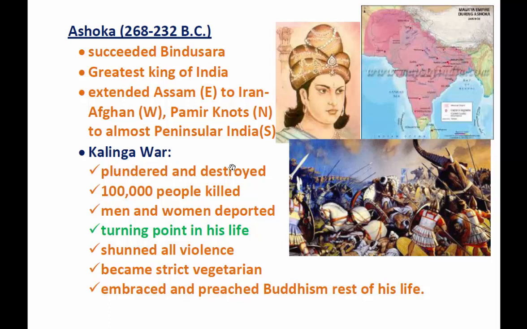Understand? More than 1 lakh, or 100,000, people were killed in that battle, and so many people, hundreds of men and women, were also deported. Deported means taken prisoner. They were taken away as slaves or workers.